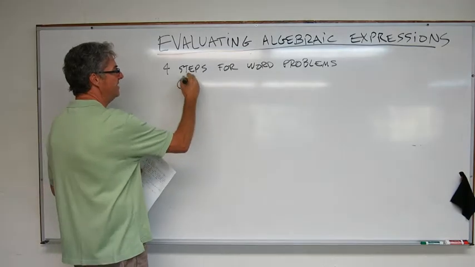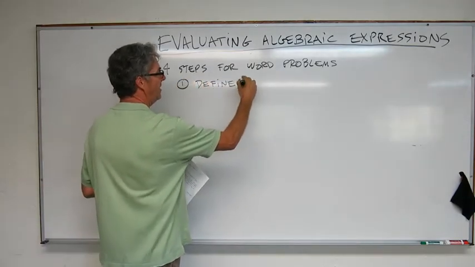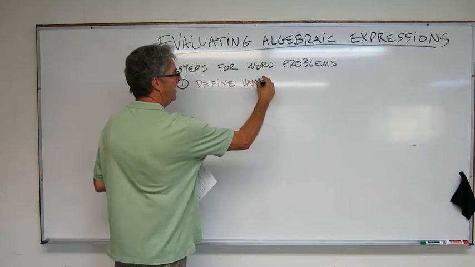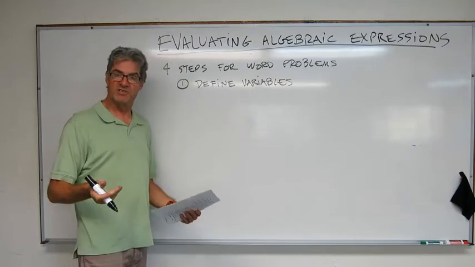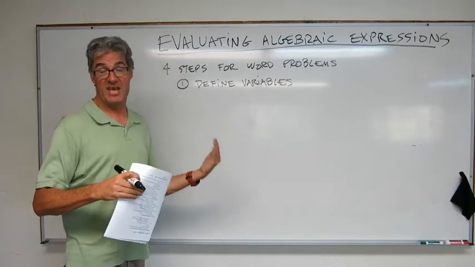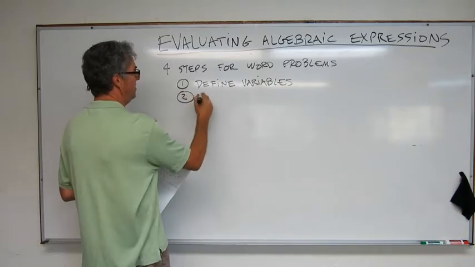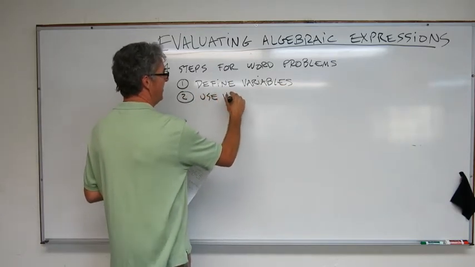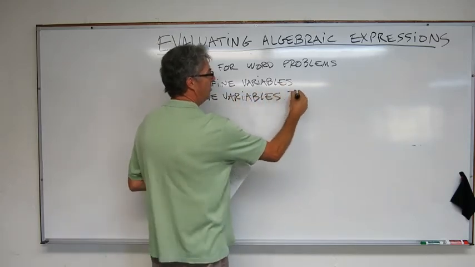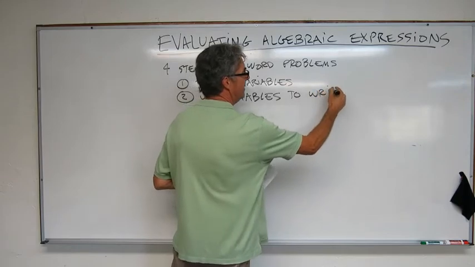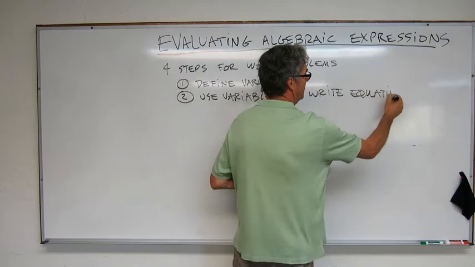So let's do this. Step 1, define variables. This means say what they represent. X equals Bob's age, something like that. Step 2, use variables to write an equation. Okay?